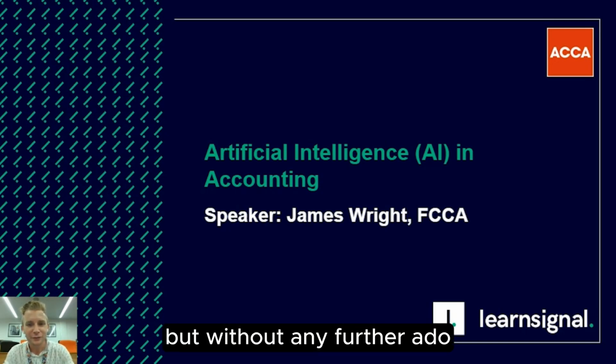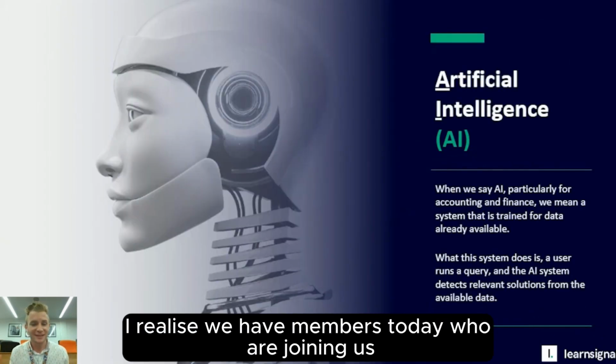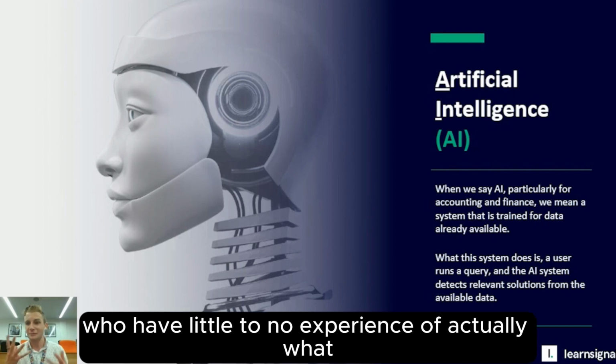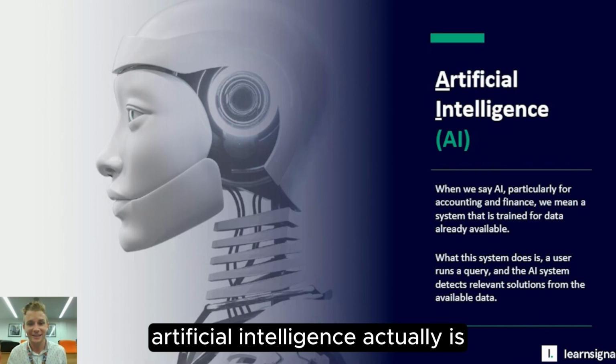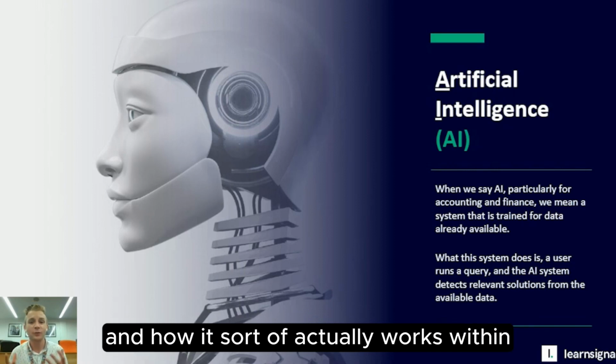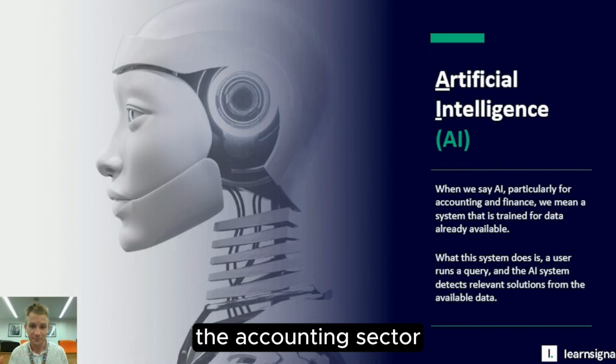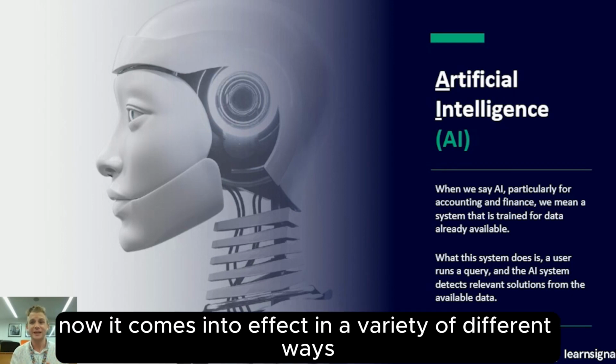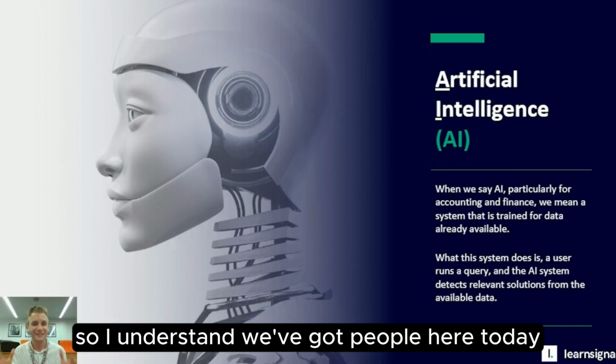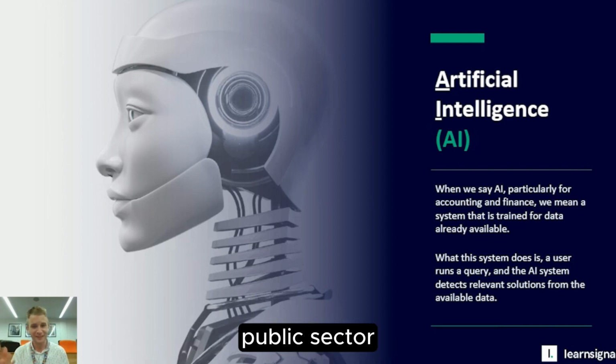But without any further ado, I realise we have members joining us today who have little to no experience of what artificial intelligence actually is and how it works within the accounting sector. Now, it comes into effect in a variety of different ways. So I understand we've got people here today from the public sector, private sector, could be in tax, could be in audit.